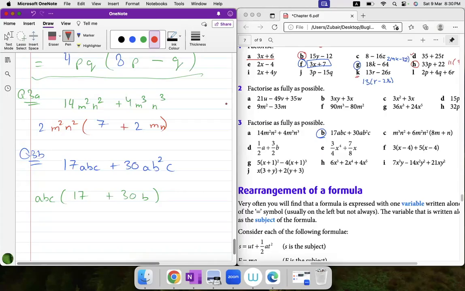A, B, C, and in brackets 17 plus 30 B? Yeah. Correct.